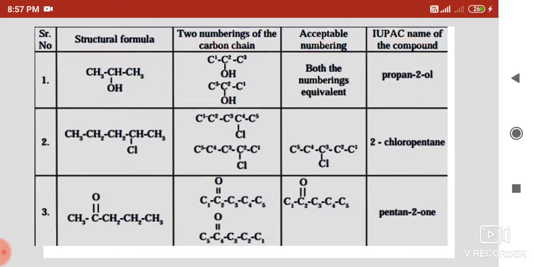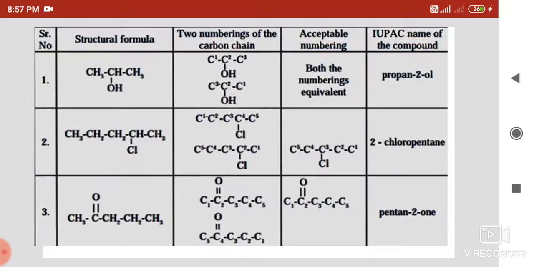The second way of numbering is selected, that is from right to left. So the acceptable numbering has chlorine on the second carbon, and its name will be 2-chloro. While writing halogens, you write the prefix first, 2-chloro, because the second carbon is attached to chlorine. The chain has 5 carbon atoms, so it is pentane, and the name is 2-chloropentane.